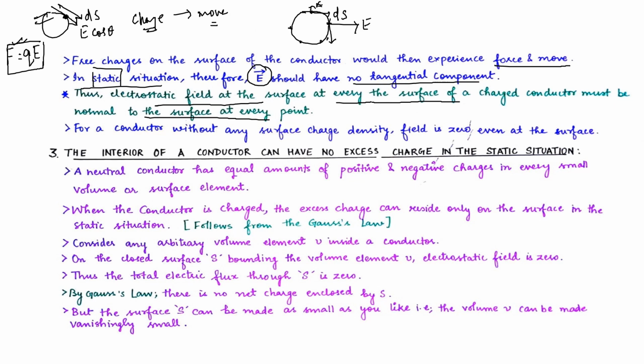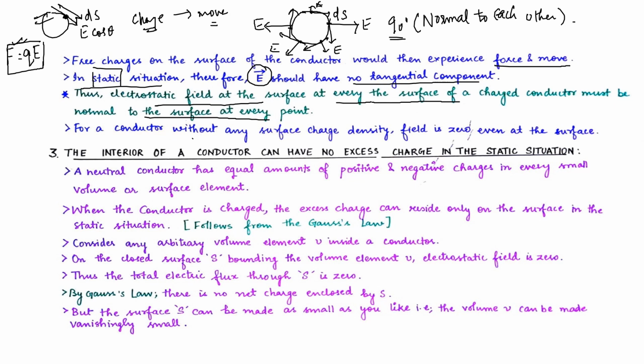This is the tangent for this surface, so electric field will be like this. Tangent is like this, electric field is like this. So they are at a 90 degree angle, normal to each other.